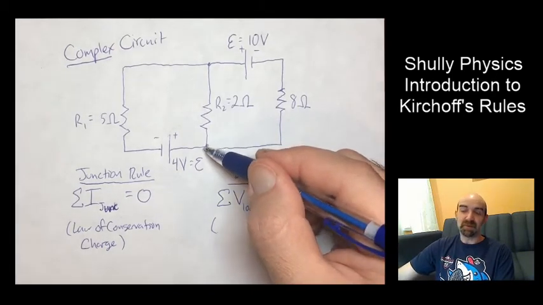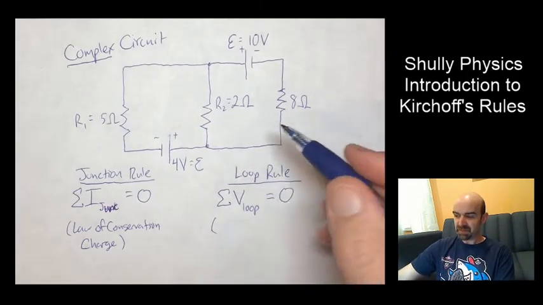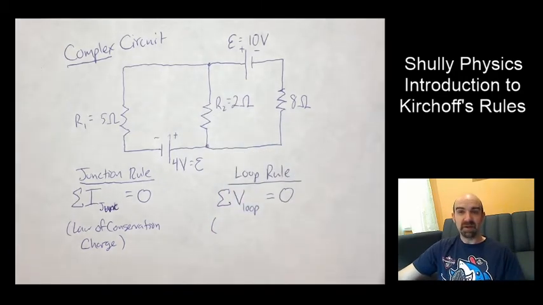Some of those potentials will take away potential energy, some will increase the potential energy in the circuit. But if we go from one point back to the same point, the total work done is 0. So the change of potential is 0. Therefore, the sum of all the potentials is 0.